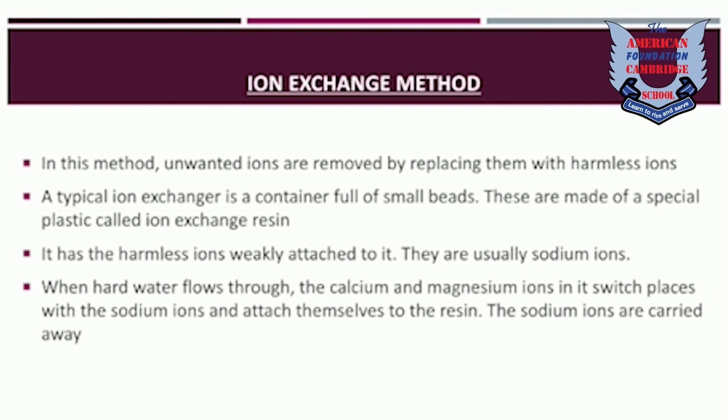So in this process we will use the ion exchange resin. What is that? It is basically a polymer or a large structured substance that is in the form of small beads.